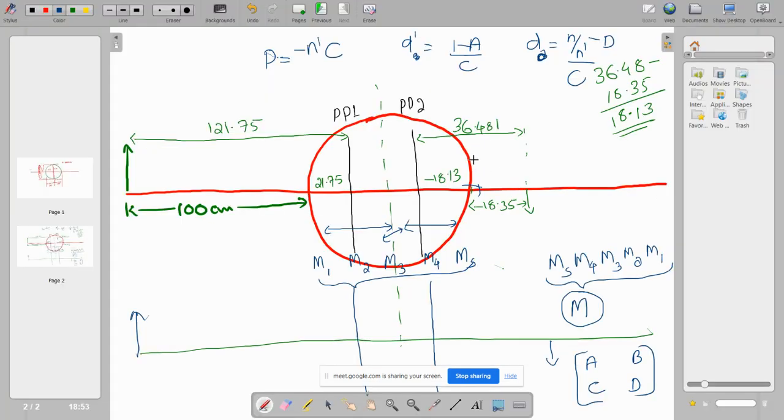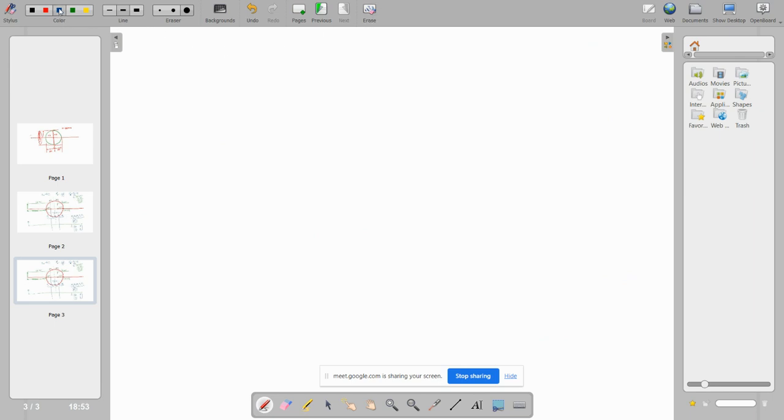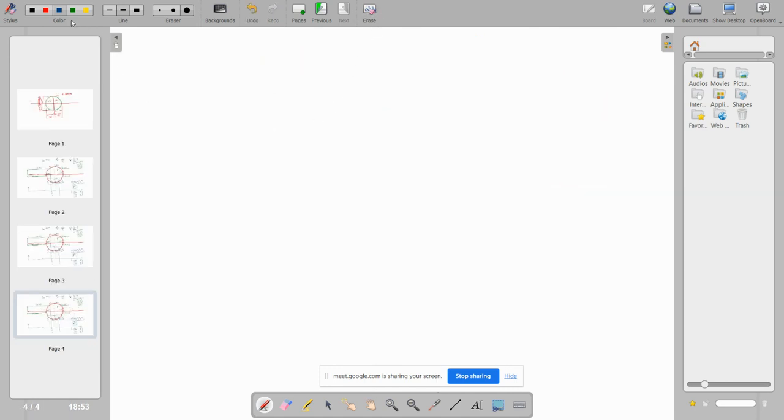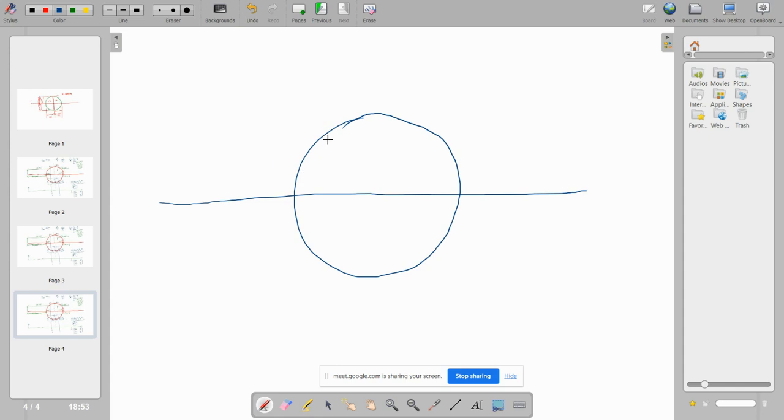Now I am saying that my sphere, I have two principal planes, and I have a focusing area.